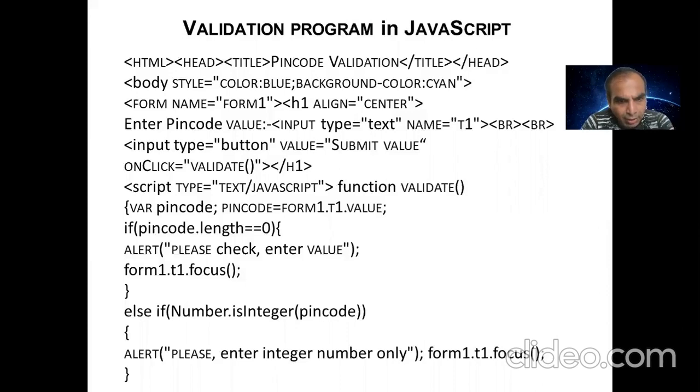Inside the validate function they check whether the pin code number is valid or not. They use pin code equals form1.t1.value, and after that they check if pin code dot length is equal to 0, then alert "please check enter value," and form1.t1.focus. Focus means we are placing the cursor again in the text box.